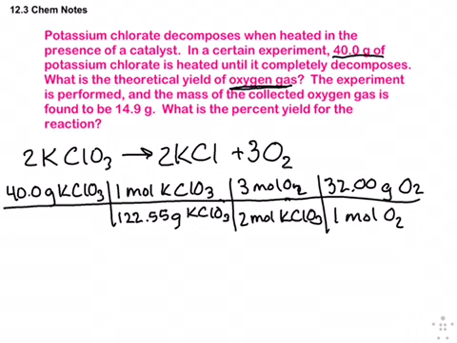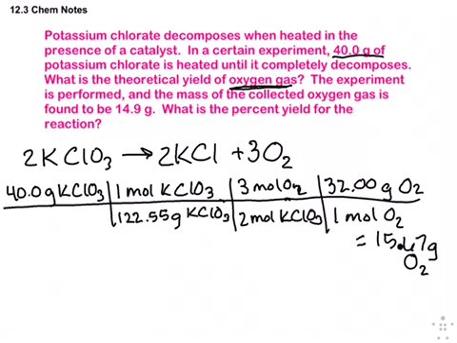Any questions where any of those numbers came from? Why do we have 32 for the mass of oxygen gas and not 16? Because it's O2, good. So when you run the math here, you should get 15.67 grams of O2 as your theoretical yield.